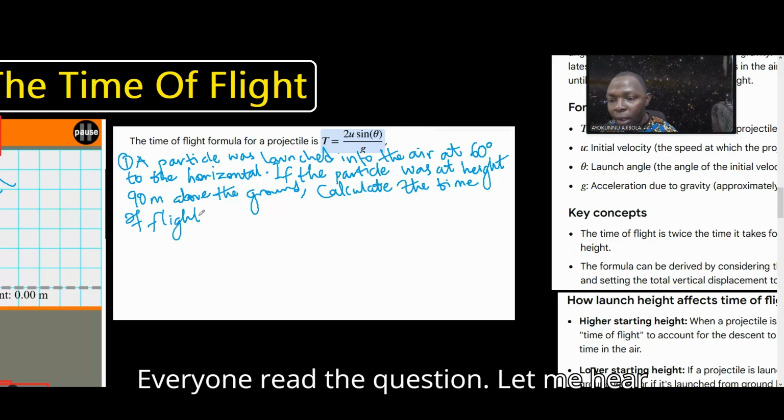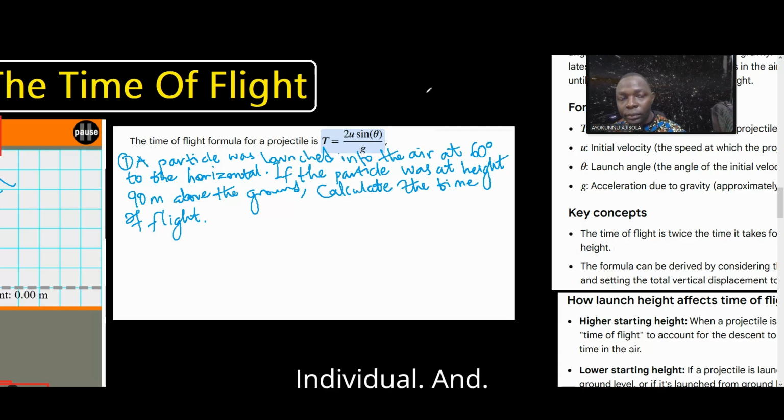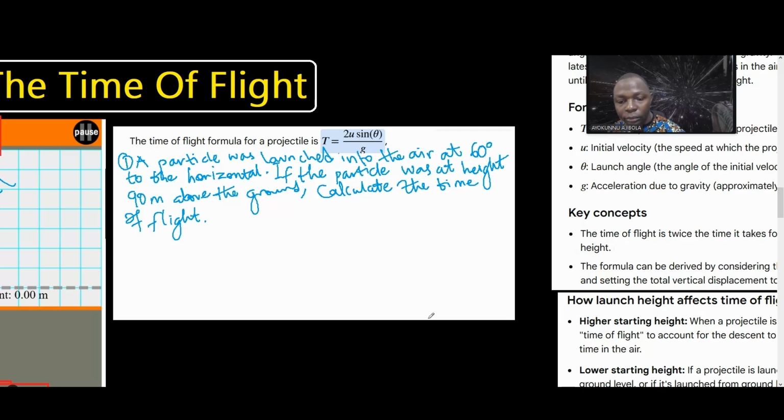Now, everyone read the question. Let me hear you. A particle was launched into the air at 60 degrees to the horizontal. If the particle was at 90 meters above the ground, calculate the time of flight.